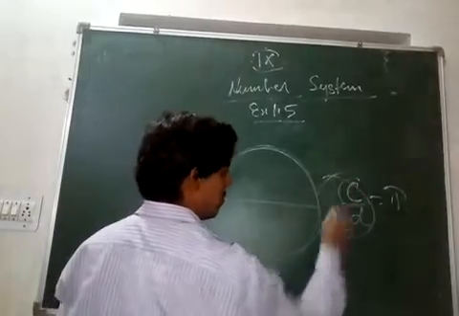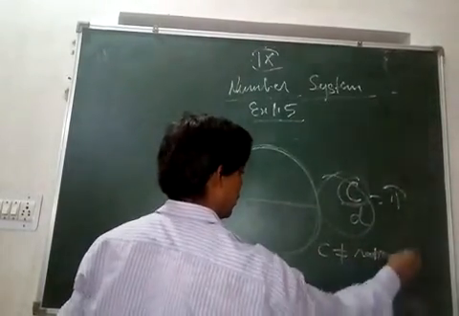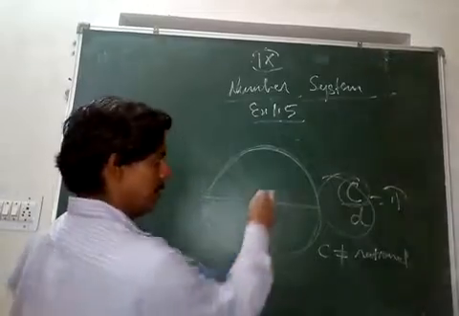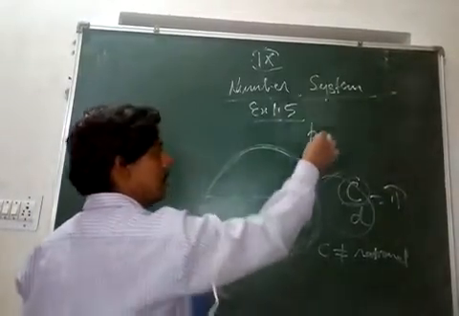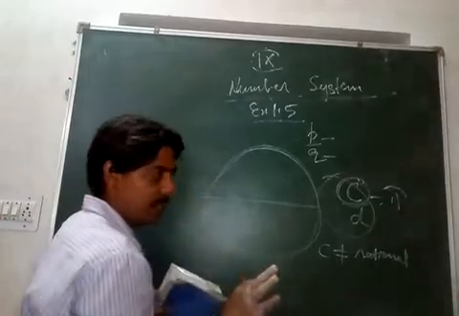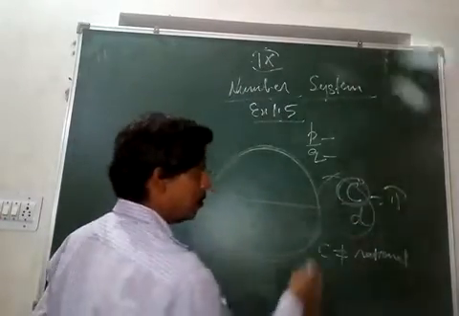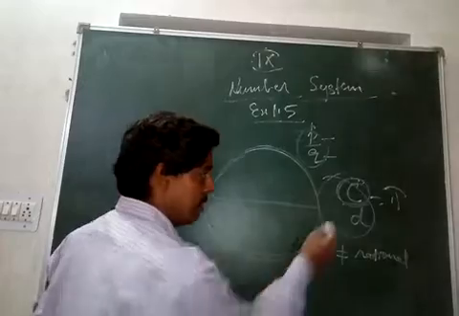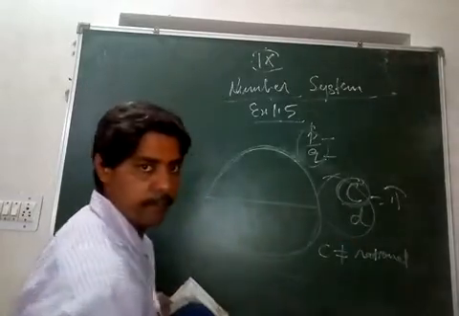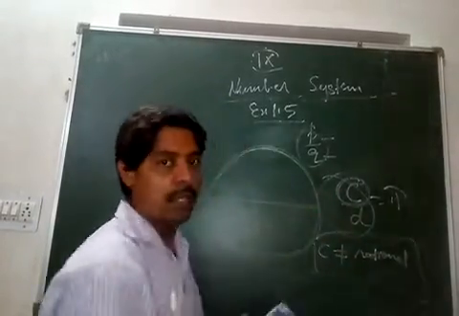So c is not rational, neither is it an integer. If it is p upon q, then p and q should be integers. We can take d as an integer, but c cannot be an integer. Therefore, this is not p upon q where p and q are integers. Therefore, this is not a rational number. That is why pi is not a rational number.